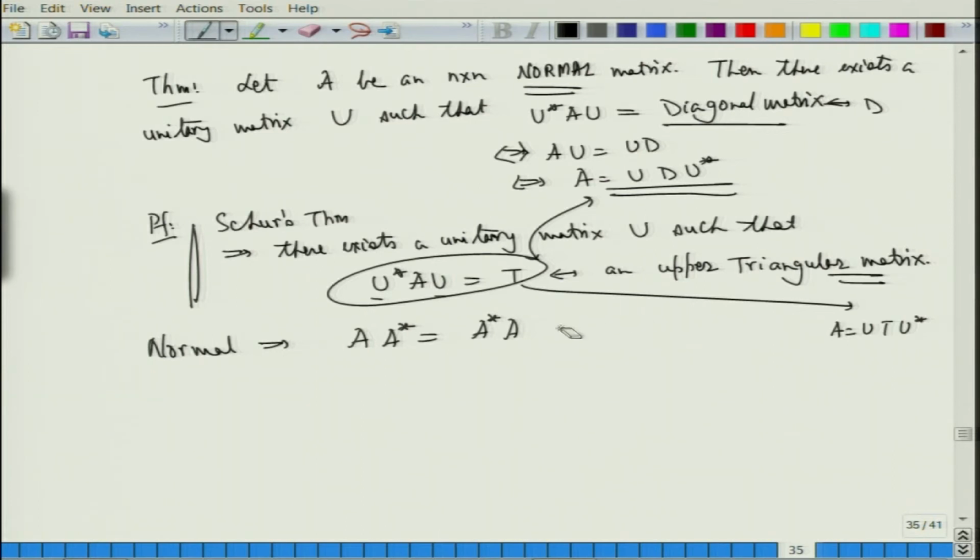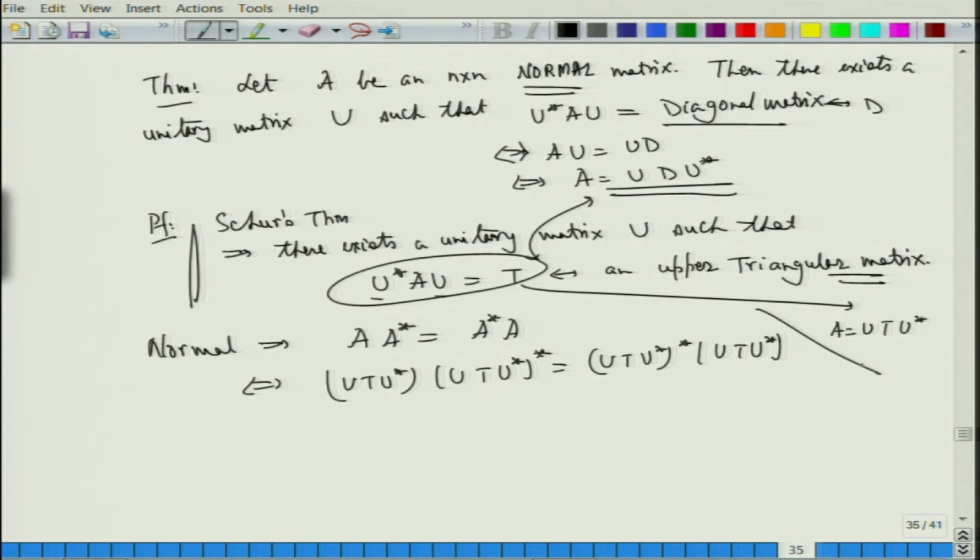So this is equivalent to saying that U T U star whole star is same as U T U star whole star into U T U star. Fine. Which is same thing as looking at, just multiply it out, you get U T U star. What about this? This is nothing but U T star U star. Right? Fine.